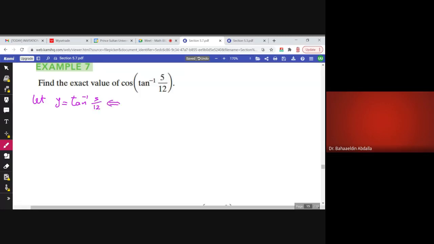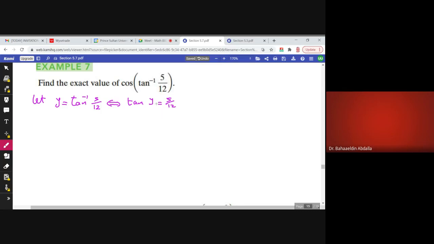The reason behind that is so we can use the definition. What the definition says is that tan y would be 5 over 12. Now, from here, we have two pieces of information, and please pay attention to this.